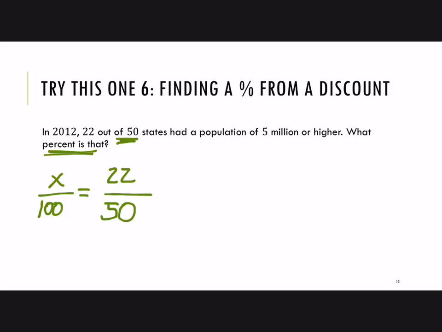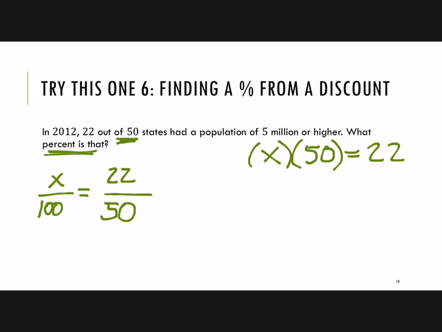And then if I write an equation for this, I have percent as a decimal, I don't know what that is, so just use an x, times a total. So in other words, what percent of 50 is 22? Alright, so hopefully one of those two options works for you.